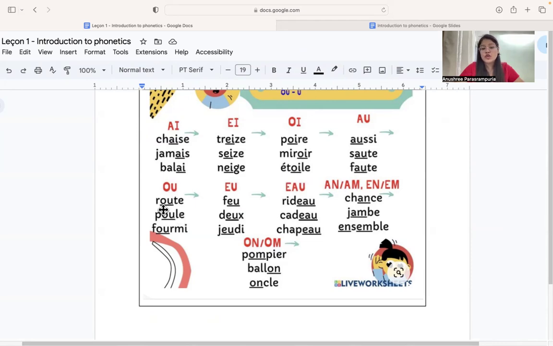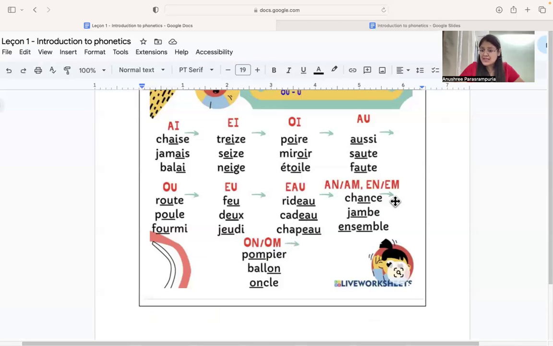OU is ou: route, poule, fourmi. EU: feu, deux, jeudi. EAU is O: rideau, cadeau, chapeau.